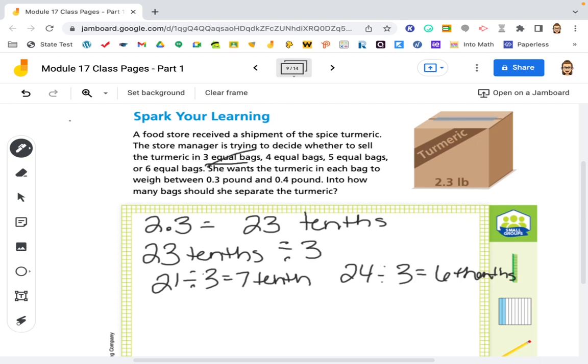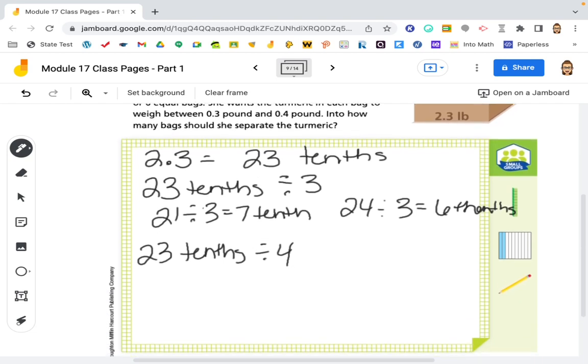So then we're going to try 4 equal bags. So we're going to do 23/10 divided by 4. The multiples of 4 that 23 falls between are 20 and 24.